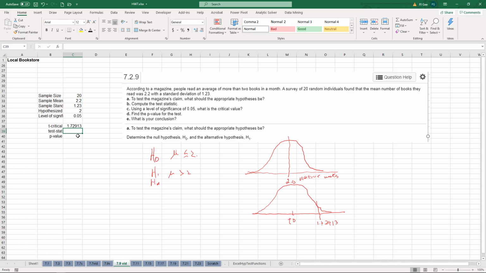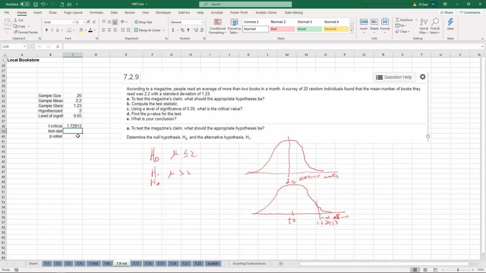It's the only difference between this and the Z distribution world. What we're going to look at a priori here is our alpha. Our alpha of 0.05 is an area or a probability, moving to the right. It's the area to the right of the T critical.